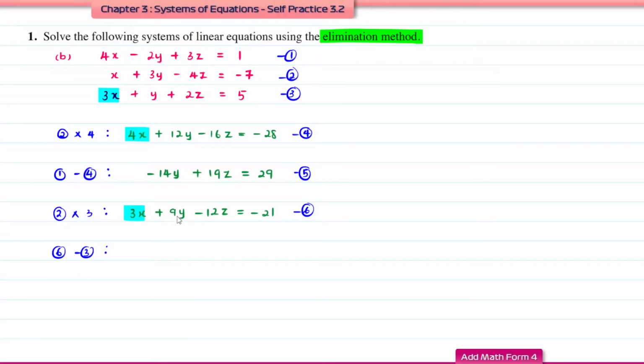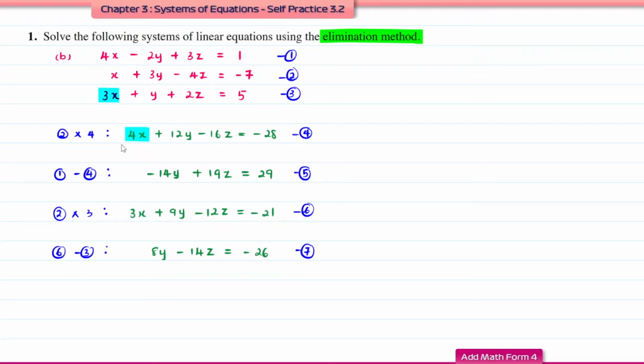Positive 9y minus this positive y will be equal to 8y. Negative 12z minus positive 2z equals negative 14z. And this negative 21 minus 5, you will get negative 26. So this will be our equation number 7.